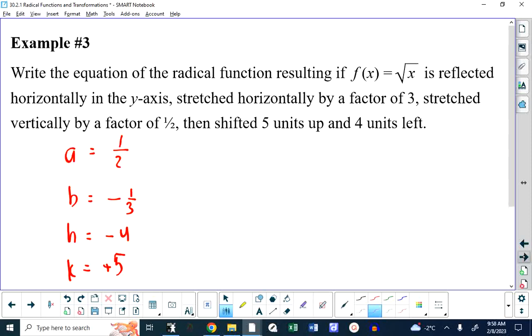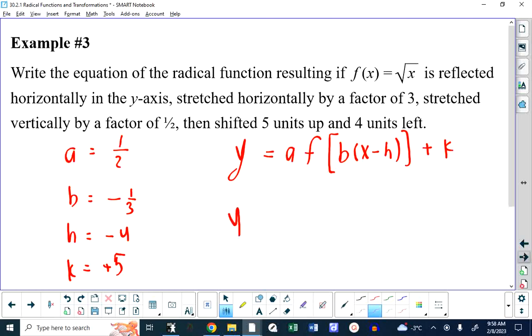Okay. So I'm going to write this equation down again, although it should be second nature to you. You should be intimately connected to this, like you know it. So y is equal to, and I just do stuff left to right. We've done this a lot, but it doesn't hurt to do it again. A f of b bracket x minus h.